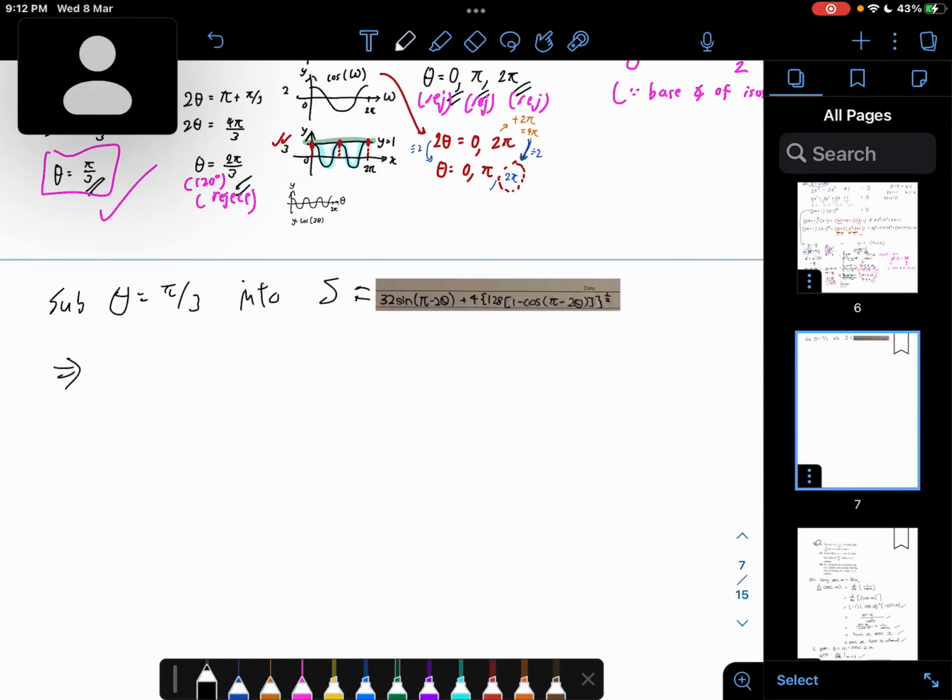So therefore, S equals 32 sine of pi minus 2 times pi over 3, plus 4 times the square root of 128 bracket 1 minus cosine of pi minus 2 pi over 3.